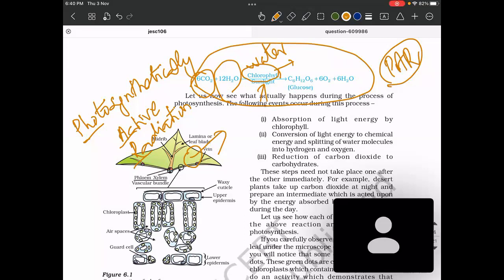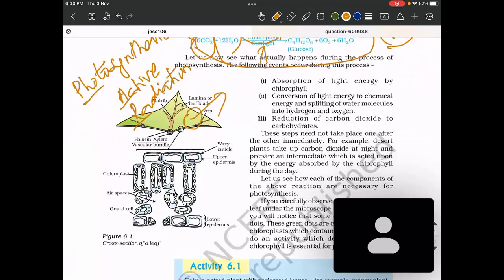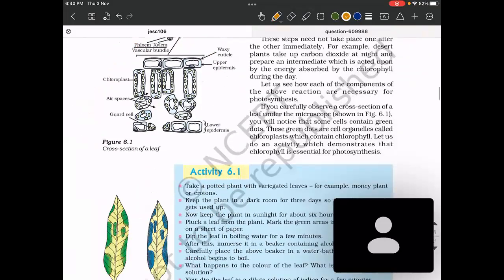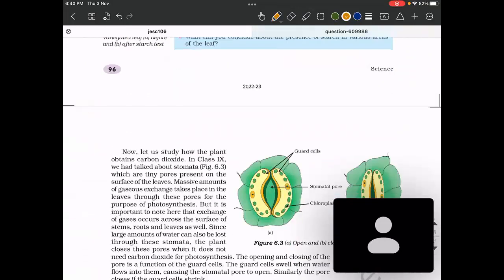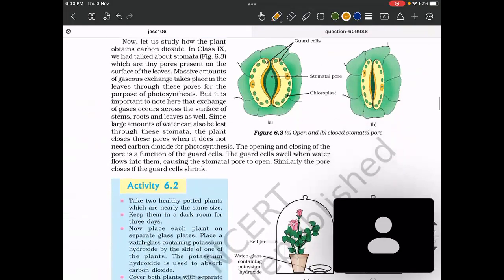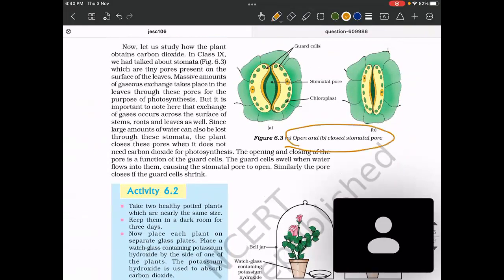Is it clear? Yes, sir. So that's a very important thing. And then the opening and closure of the stomatal pore: what is it connected with? Guard cells. Yeah, guard cells. And what processes?